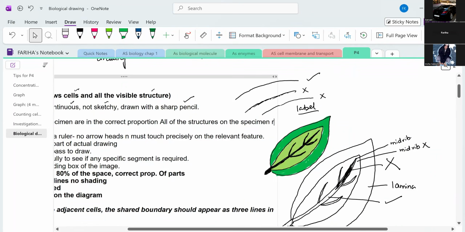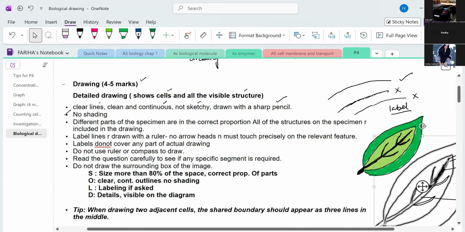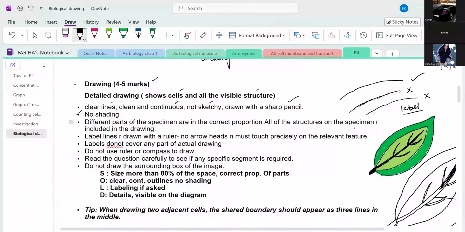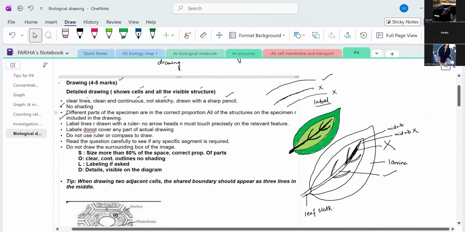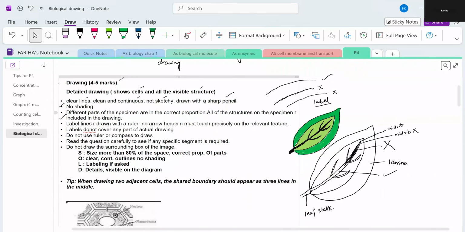Different parts of the specimen are in correct proportion. All of the structures on the specimen are included in the drawing. That is, all the veins should be shown. If the diagram is divided into two distinct regions, then you need to show these two distinct regions with the help of lines.